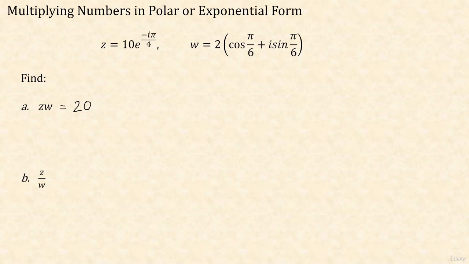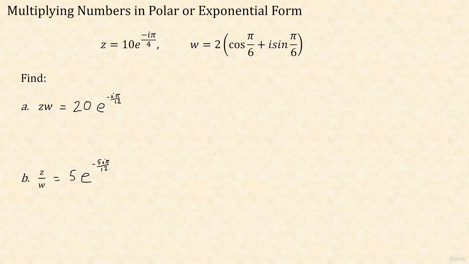And for that we get minus pi over 12, so it's 20e to the minus i pi over 12. And when we're dividing, well, we divide the moduluses, so 10 over 2 is 5. And then we subtract the arguments, and this time it's minus a quarter pi, and then minus a sixth pi, and that's minus 5 over 12 pi. So it's 5e to the minus 5i pi over 12.